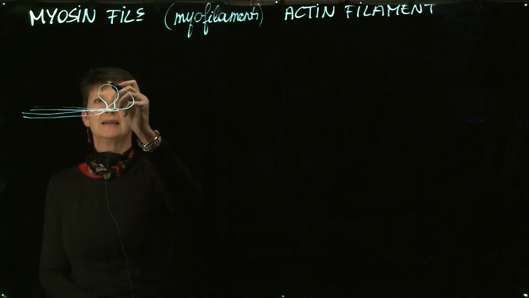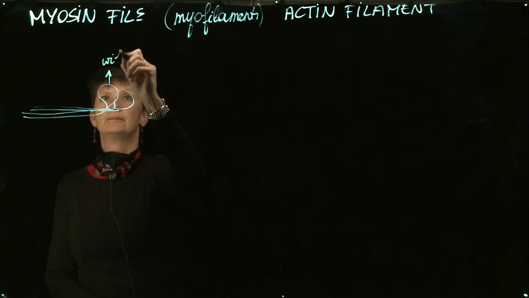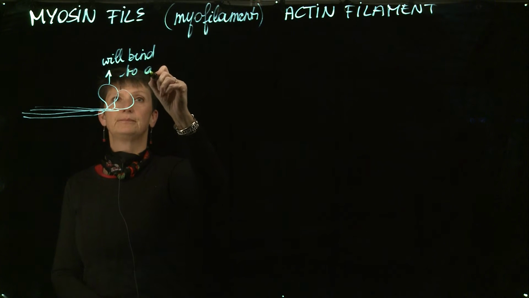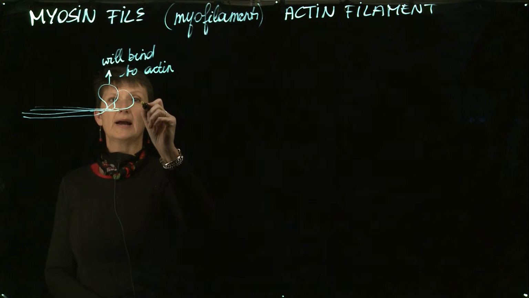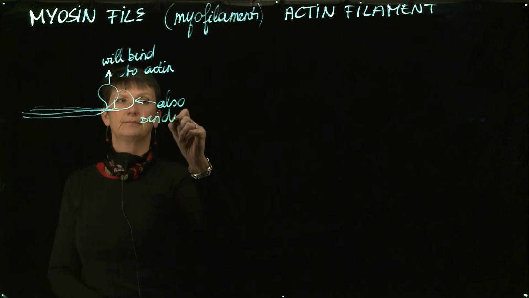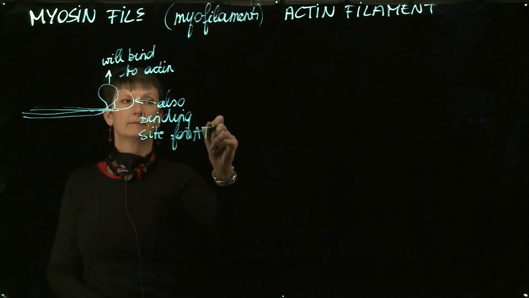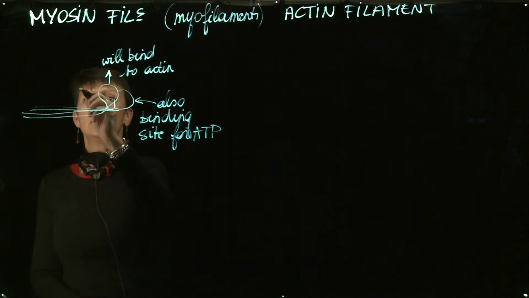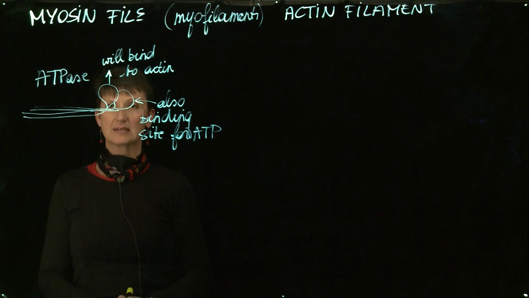The head is what's going to bind to the thin filament during a contraction. The head also has a binding site for ATP, or nearby the head. And then we also find that an ATPase enzyme is associated with the myosin molecule.